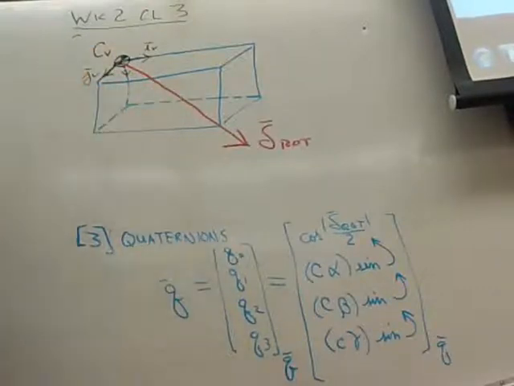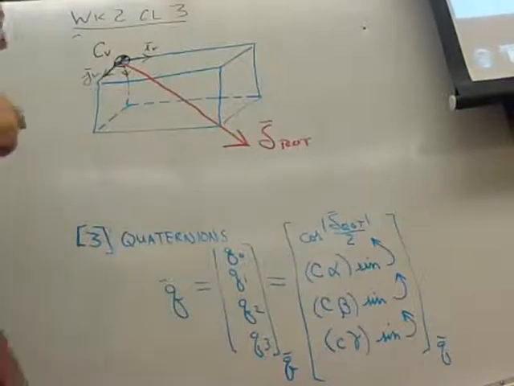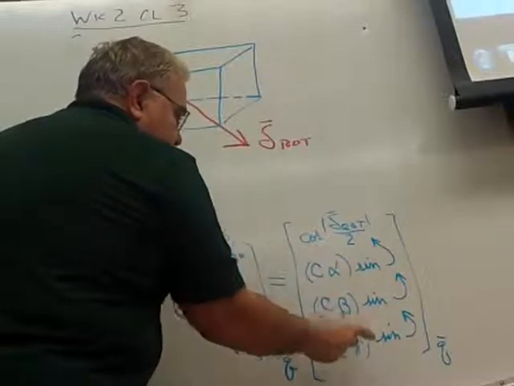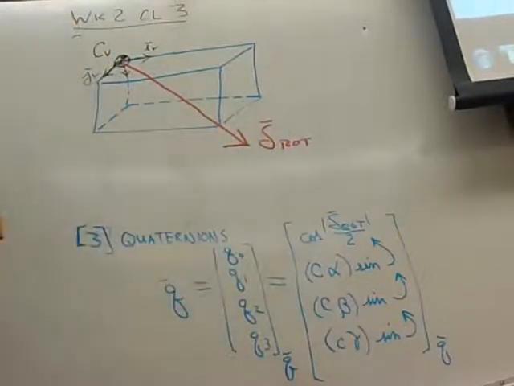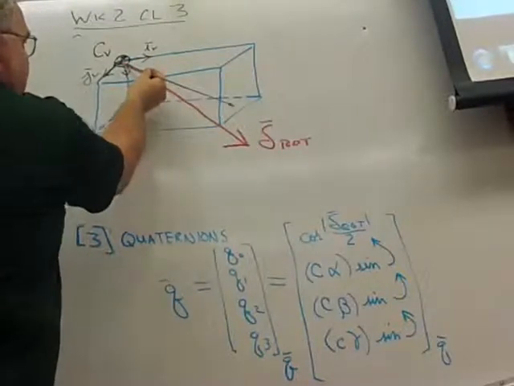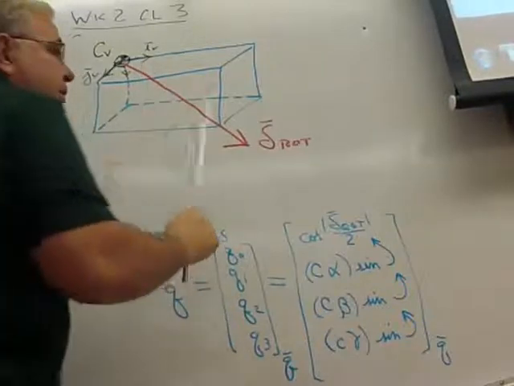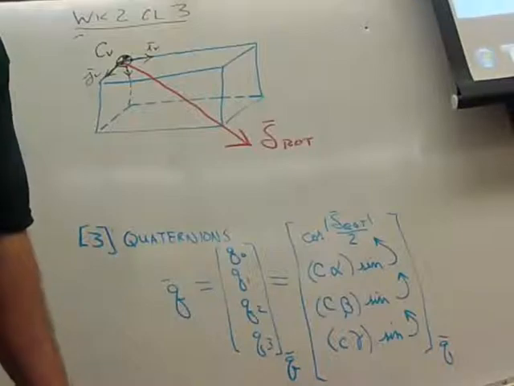There you can see a box. It's the diagonal of a box with the elements I, J, K. And these alpha, beta, gamma are the direction cosines of the del Rot vector. So the angle that this makes with the three primary axes are alpha, beta, and gamma. Okay?